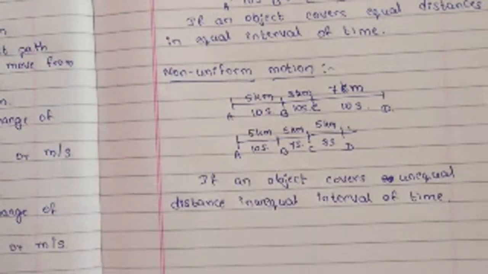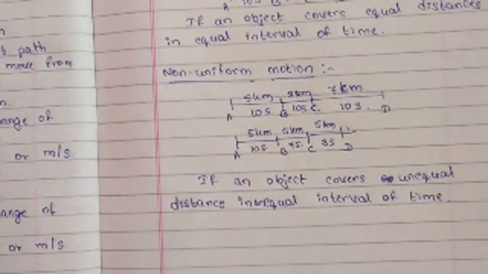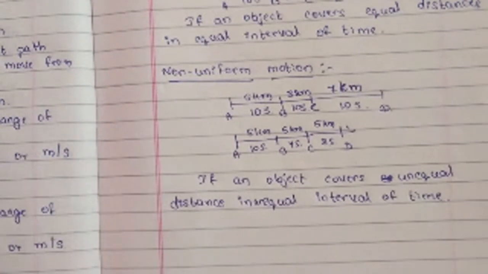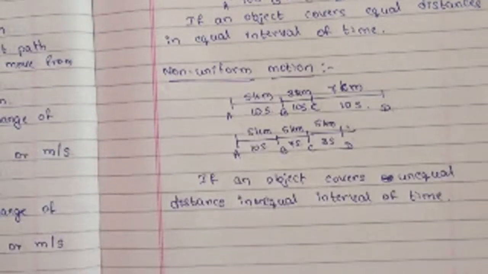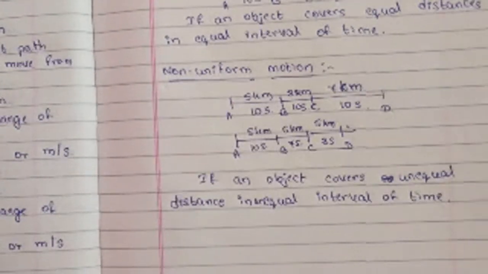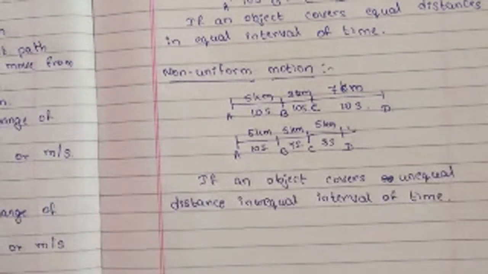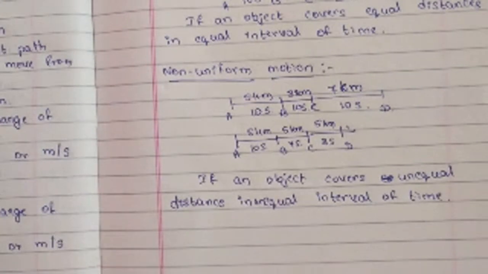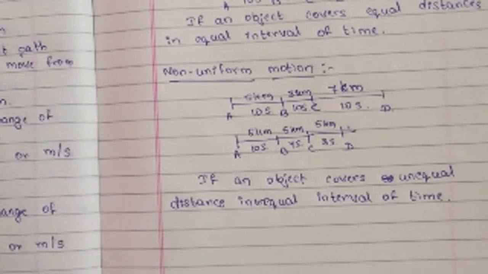Next we'll solve the problem. It is very simple, you just have to understand the concept. Before starting to solve the problem, I will tell you one thing. While solving, the first given value you have to consider as initial velocity, and the second given value as final velocity.